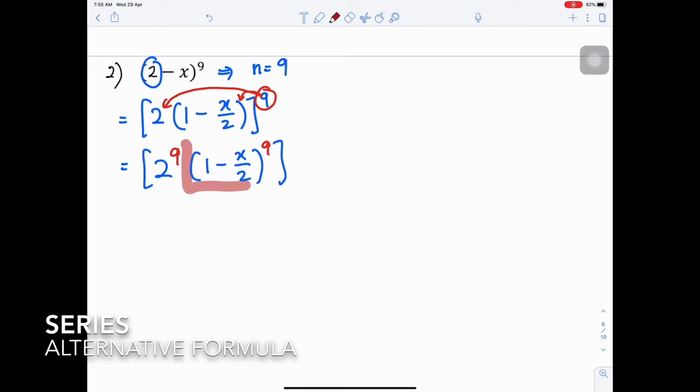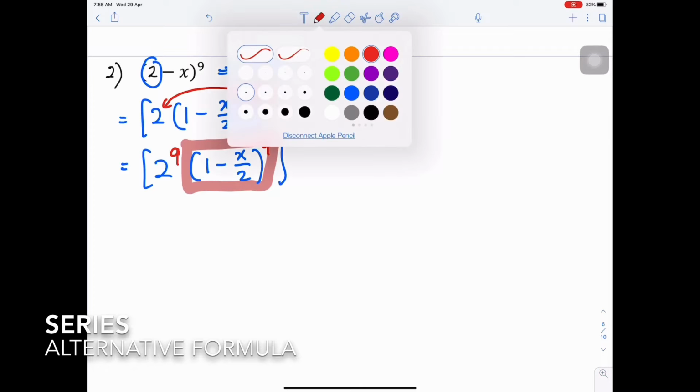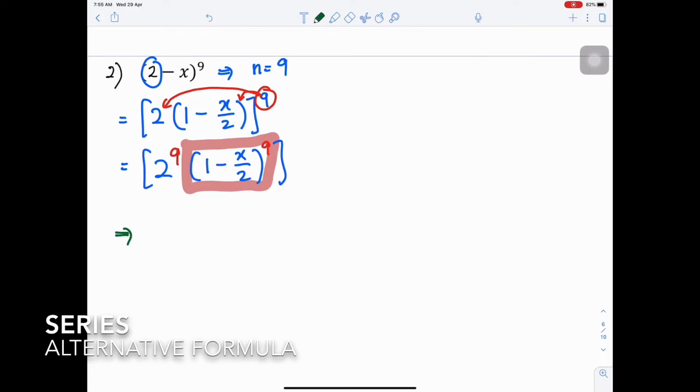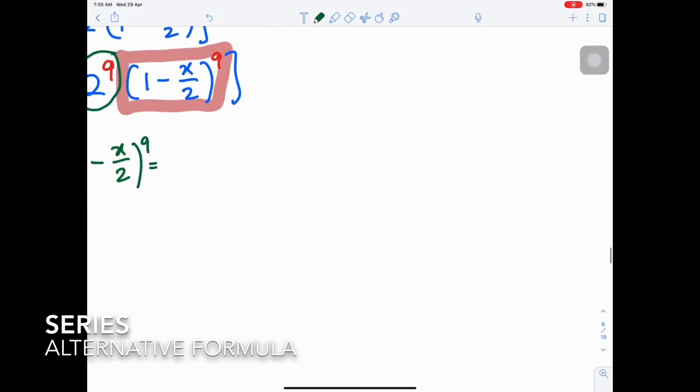Now I want you to look at this expansion: 1 minus x over 2 in brackets to the power of 9. We take 1 minus x over 2 to the power of 9 only, so we leave out 2 to the power of 9. Later we continue.